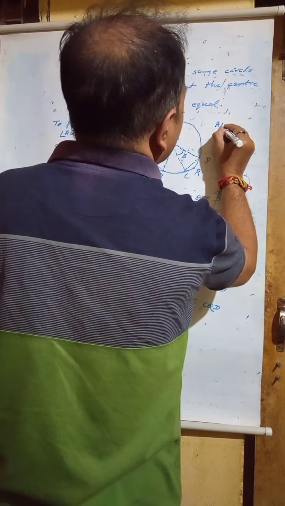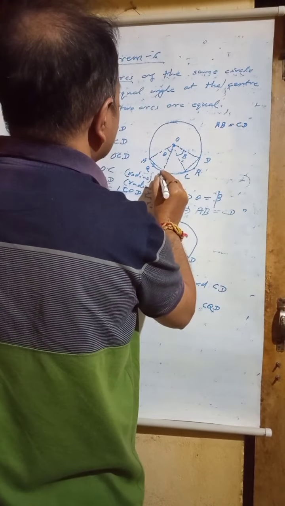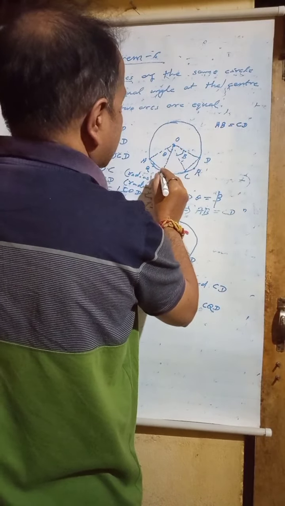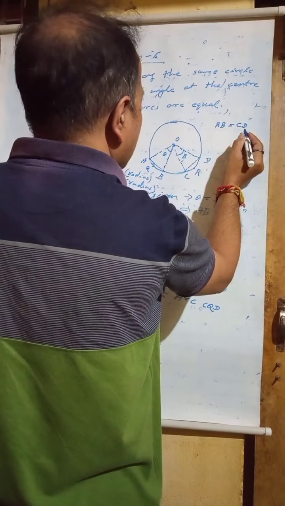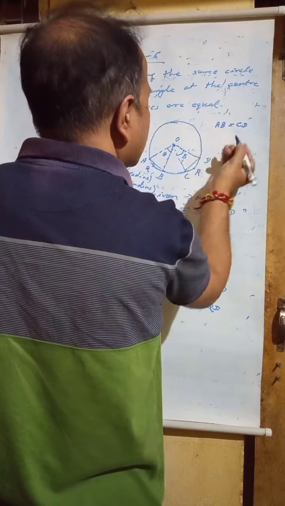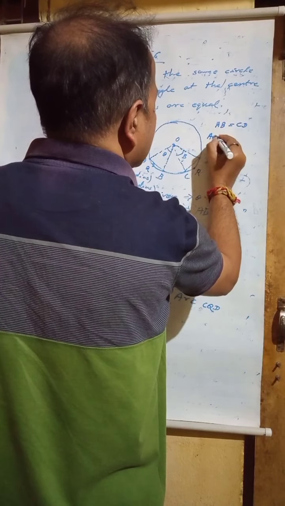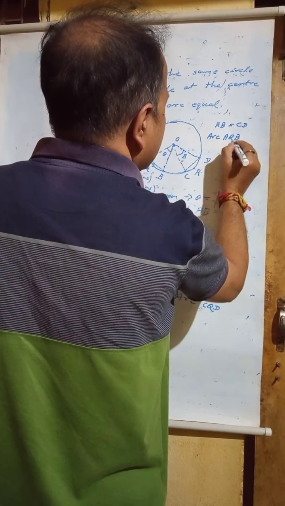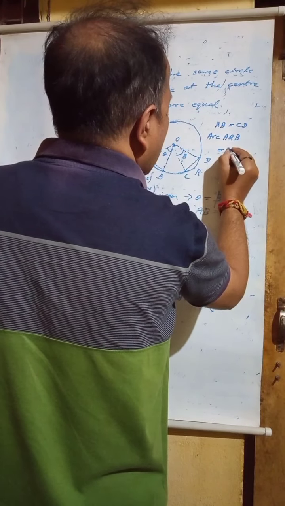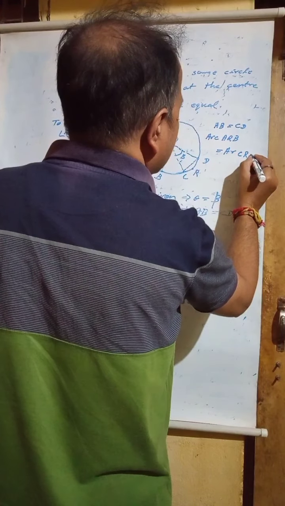AB and CD are chords. If chords are equal, then the corresponding arcs will be equal. We have already studied it. So arc AQB is equal to arc CRD.